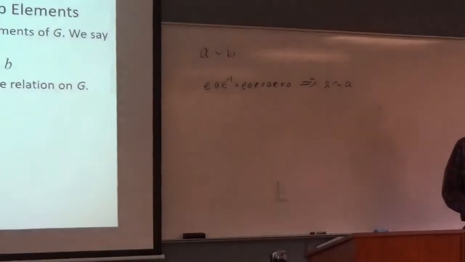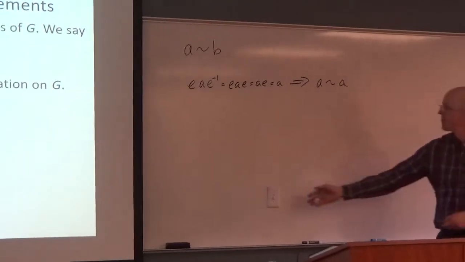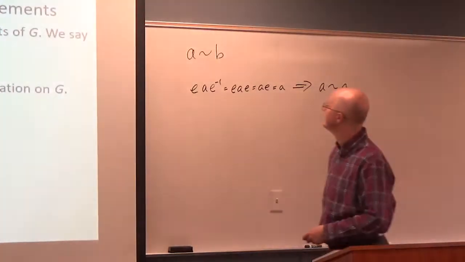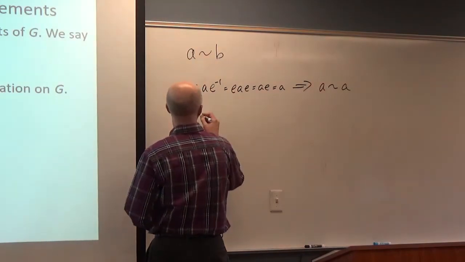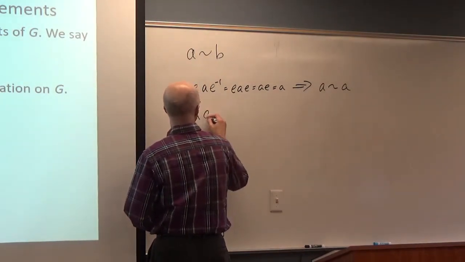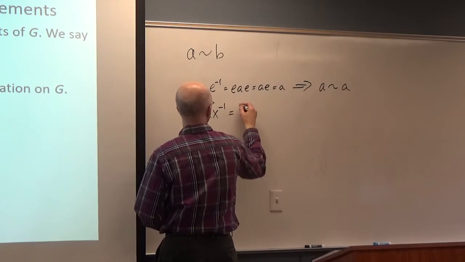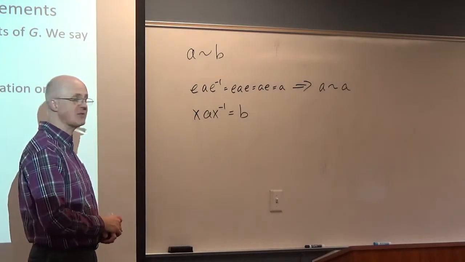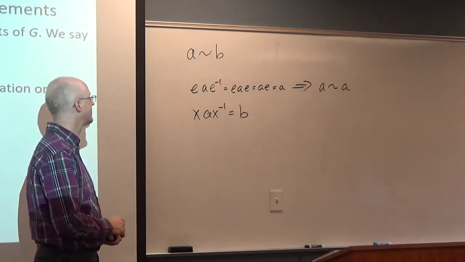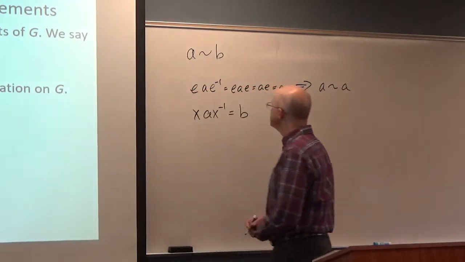I will say the word conjugate. If A is conjugate to B, so there's an X so that this is true, is B conjugate to A? Is the symmetric property holding here? It does.